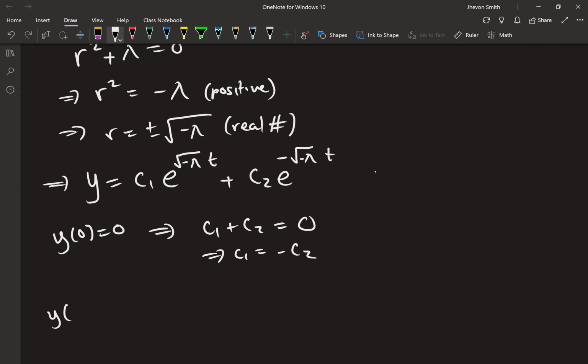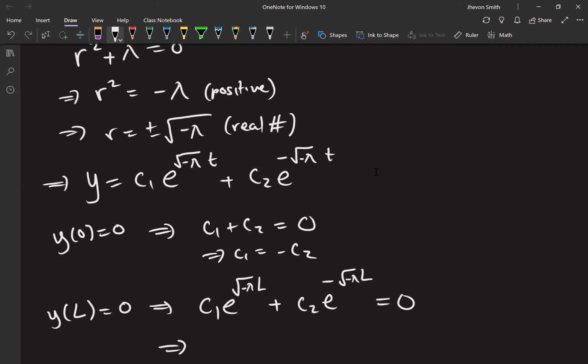Now y of L equals 0 is the other initial condition that we care about. And later on, you're going to see why we care about this condition, which means if I plug in C1 e to the radical minus lambda L plus C2 e to the minus radical minus lambda L, set that equal to 0.